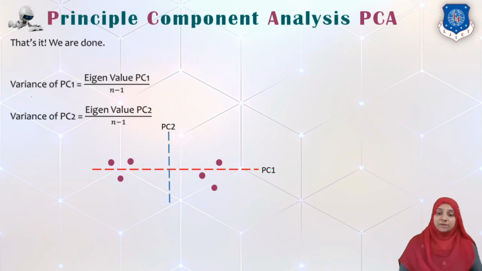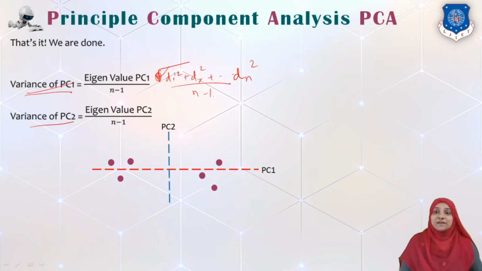We need to find the variance of PC1 and the variance of PC2. Variance of PC1 is nothing but the eigenvalue, the sum of squared distances: distance 1 square, distance 2 square, up to distance n square if we have n data points, divided by n minus 1.